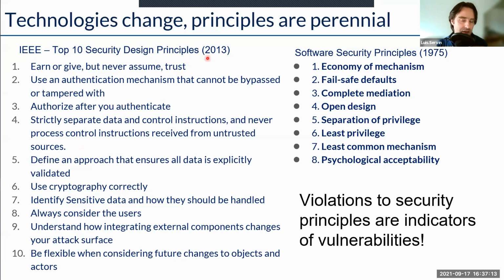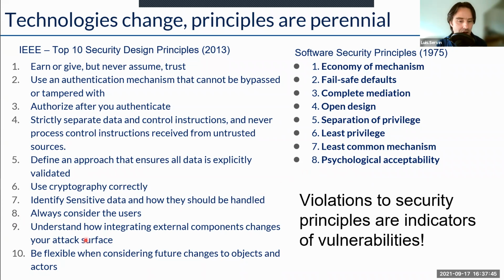And more recently, I think, if I'm not correct with the date, please excuse me, I think it's either 2013 or 14, the IEEE published these design principles. Earn or give but never assume trust, authentication mechanism that cannot be bypassed, authorization after authentication, strictly separate data and control instructions, define an approach that ensures data is explicitly validated, use cryptography correctly, identify sensitive data and how it should be handled, consider the users.